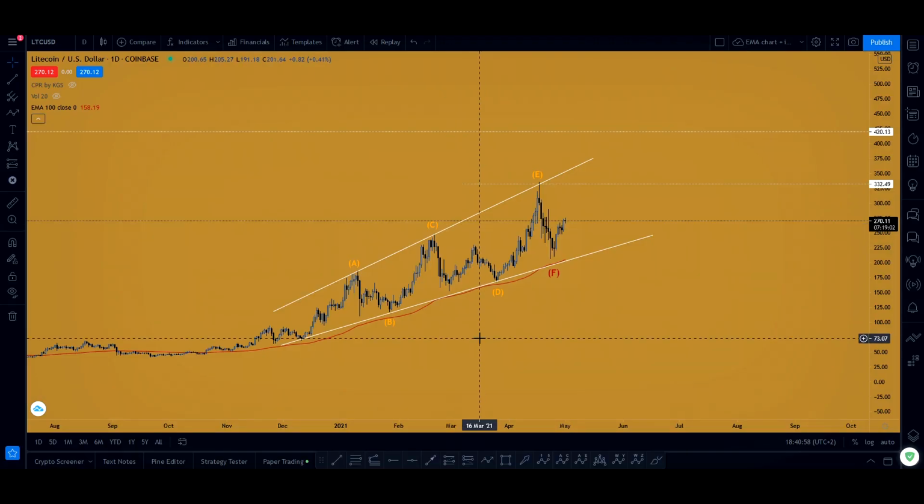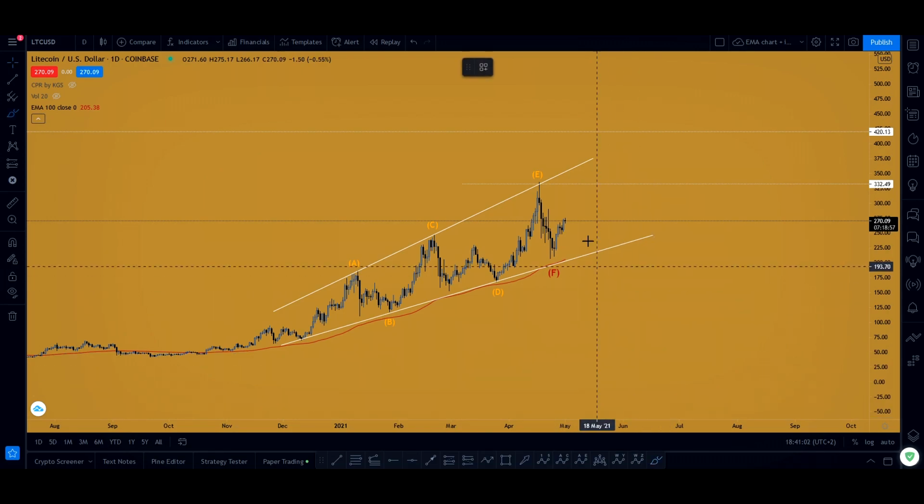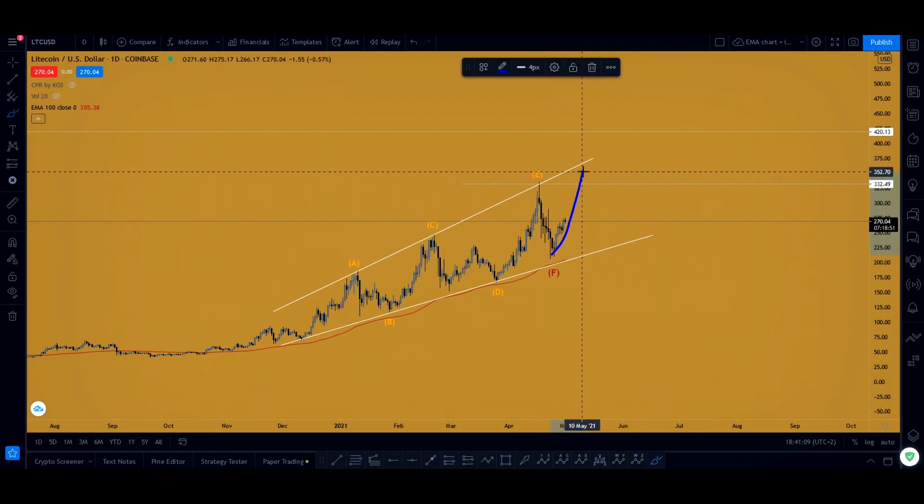Basically, we are going to wait for the price of Litecoin to push up, break this 330 structure level, then come back to retest it, and then trend continuation.